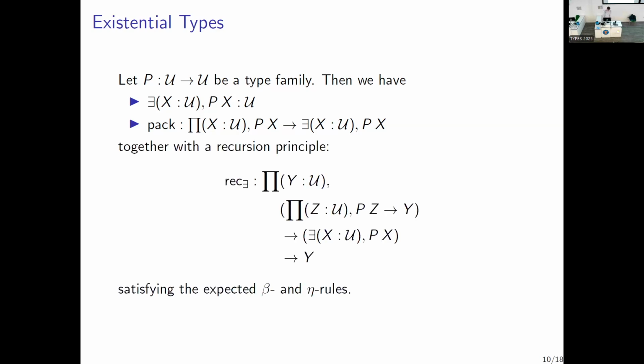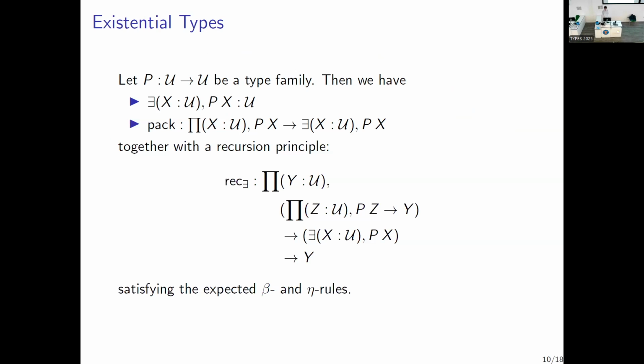And we get a rec operator, which is like the elimination rule. And this satisfies both beta and eta rules. The betas are things you usually get for free with impredicative encodings, and for the eta rules, we need to call Sam, who provides them to us.